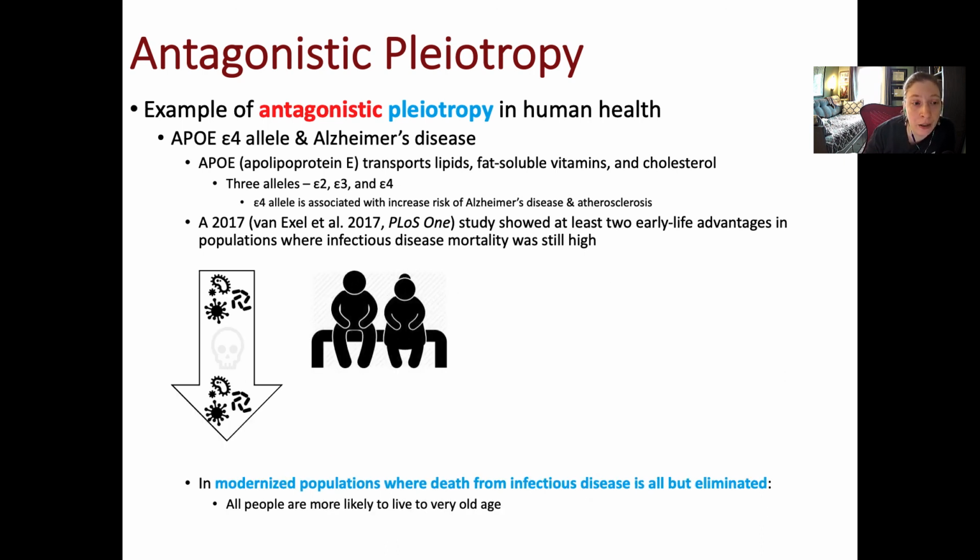However, in modernized populations, places like the US and Europe, you have death from infectious diseases all but eliminated. You still get sick, but we treat it with antibiotics, we vaccinate, and so people live much longer, and they start to experience some of the costs of having these alleles that are only beneficial in a high infection environment.